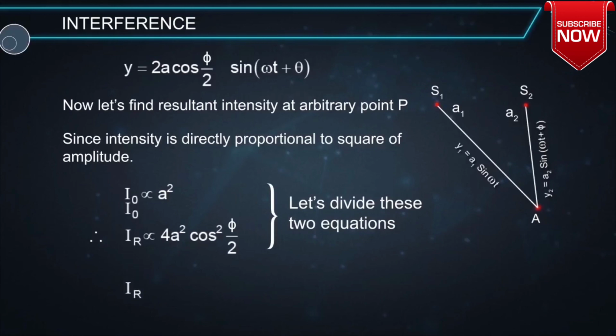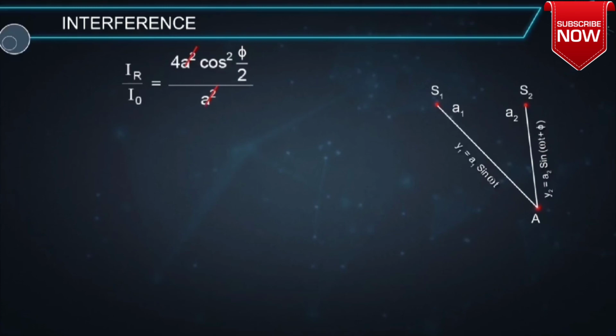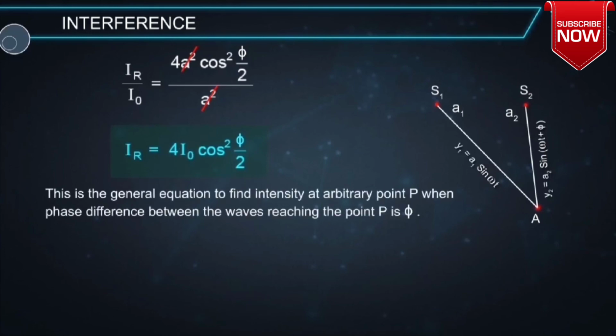We get IR divided by I0 equals 4a square cos square (phi by 2) divided by a square. After simplification, we get IR equals 4 I0 cos square (phi by 2).